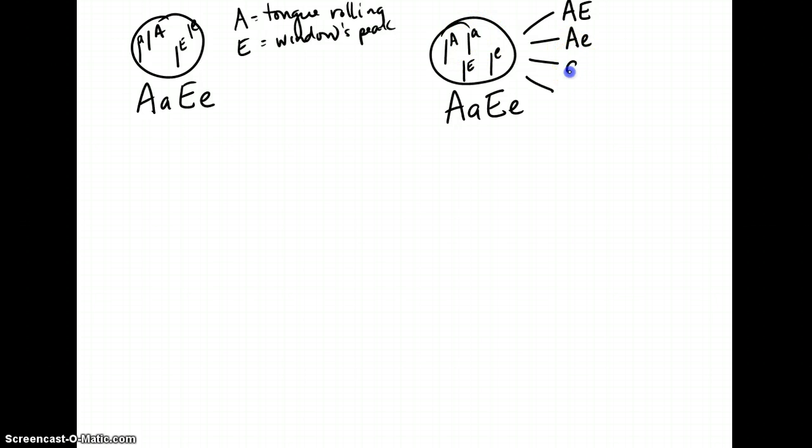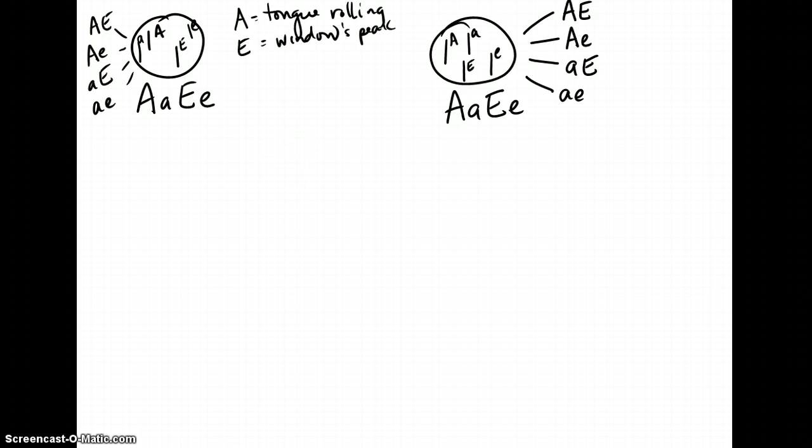We could have this little a be separated with this big E, and we can have this little a separated with the little e. And this is exactly the same for this individual over here. So we could have big A, big E; big A, little e; little a, big E; and little a, little e.